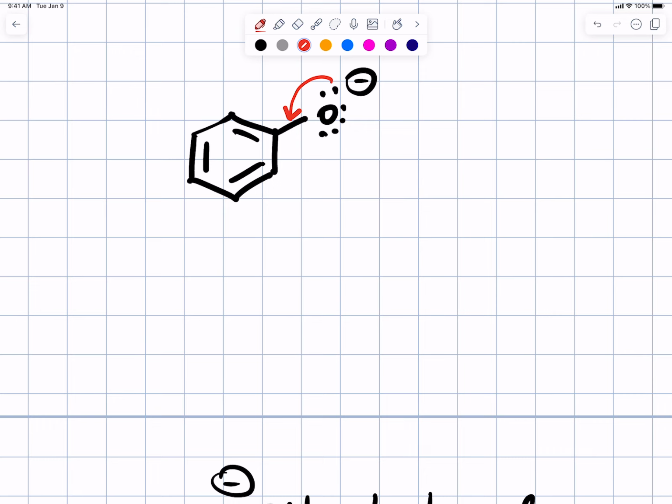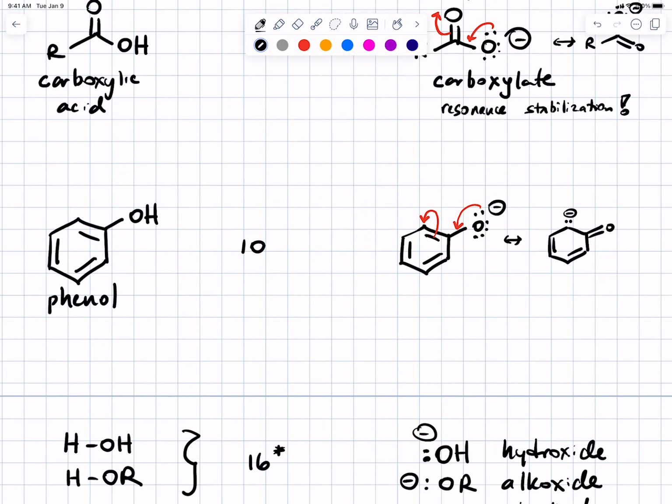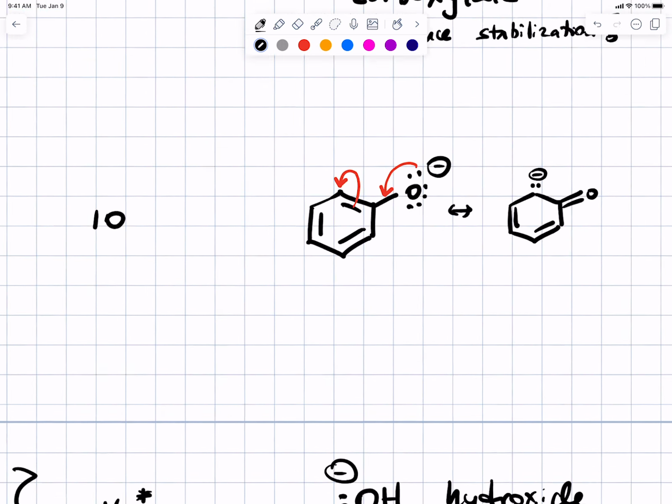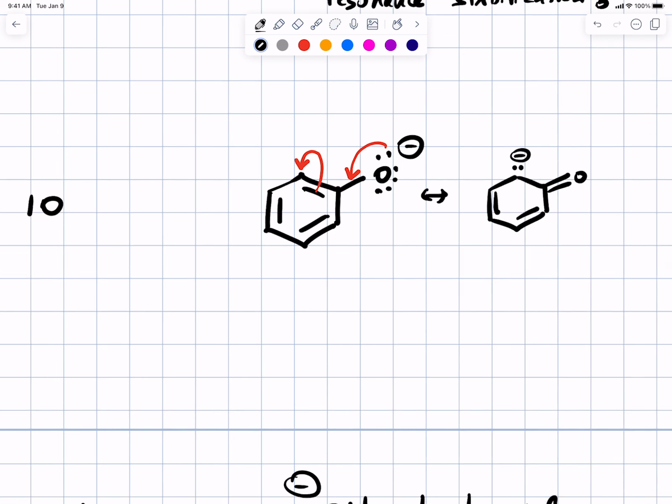I could move the negative charge to form a pi bond between oxygen and the carbon of the ring, but then I'd have to break this pi bond and move it onto that carbon to draw this resonance structure, in which I have now delocalized the negative charge into the ring. That's pretty similar to what we did above with the carboxylate, but unlike the carboxylate, here my negative charge is still adjacent to a different pi bond.